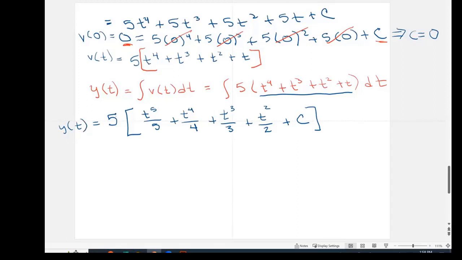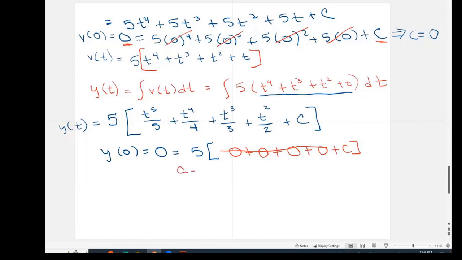And we're being told that y of 0 is equal to 0. I just plug that in for all my t's. And I would end up with 0 to the 5th over 5 plus 0 to the 4th over 4 plus 0 to the 3rd over 3 plus 0 squared over 2 plus c, which means I know now, since this is all 0, that 5c equals 0 or c equals 0.